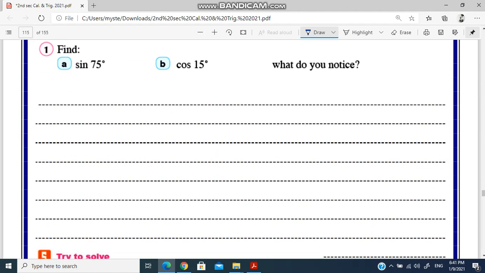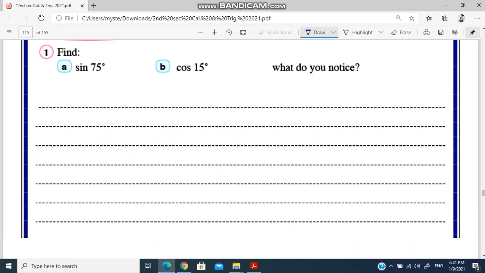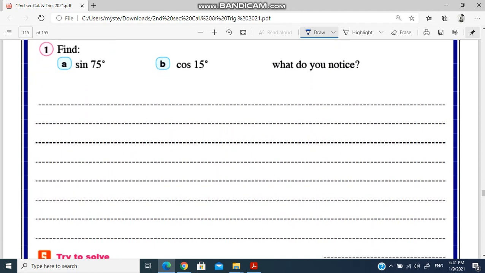Let's see an example. Find sine 75 and cosine 15 without using a calculator, of course. Each angle is 75 and 15. I will change it to 60, 45 and 30, the special angles from which I can find sine, cosine or tan.